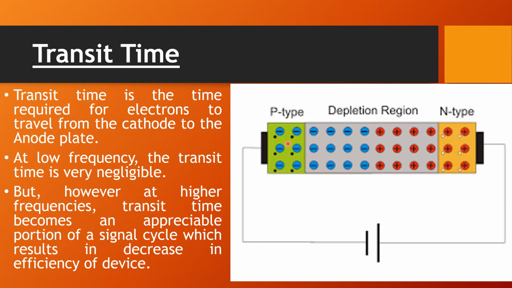It does not affect things much at lower frequency. But as the frequency becomes higher, the speed of the oscillation increases, and the changing cycle, positive to negative, becomes very fast, much faster as compared to the transit time of the electron.